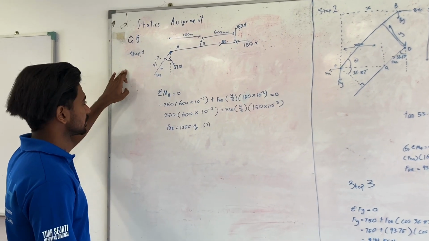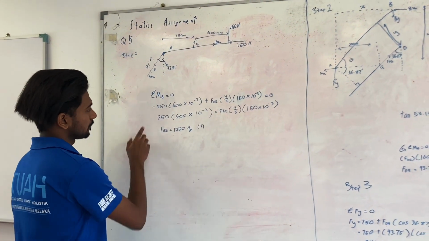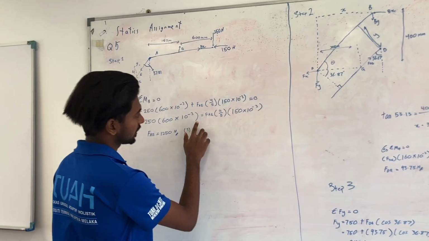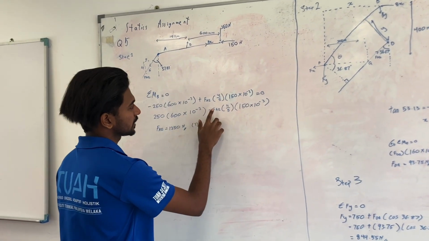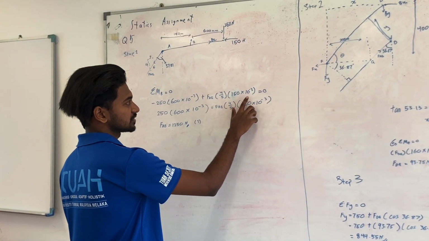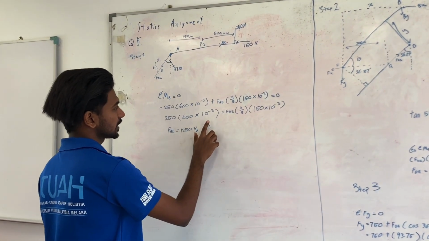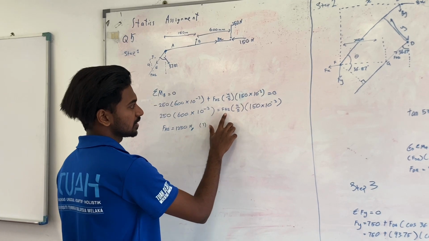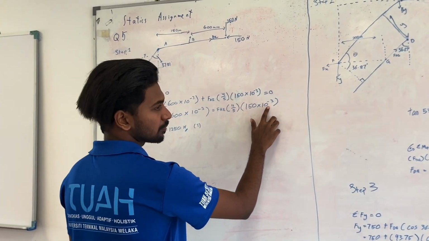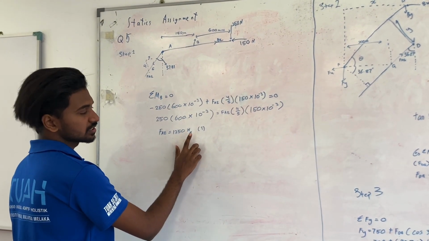Okay, for step 1, summation of moment on point D equals 0. Minus 250 bracket 600 times 10 power of negative 3 plus FAE bracket 405 bracket 150 times 10 power of negative 3 equals 0. 250 bracket 600 times 10 power of negative 3 equals FAE bracket 405 bracket 150 times 10 power of negative 3, and FAE we got 1250 Newton.